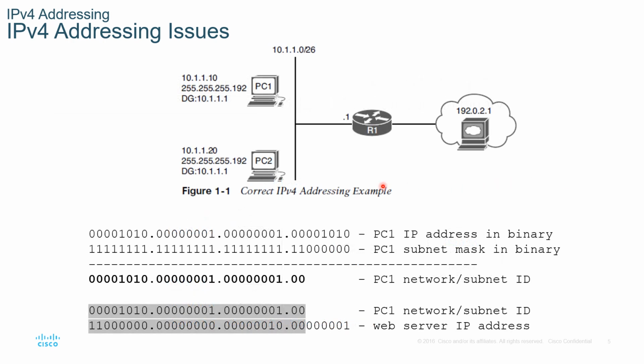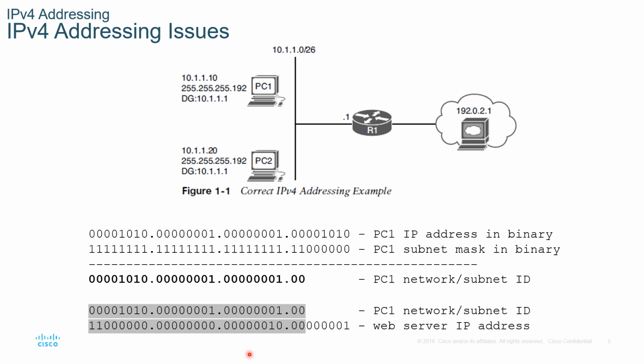Now let's consider if PC1 wants to communicate with a web server at the IP address 192.0.2.1. Just as before, PC1 needs to determine whether the web server is located in the same network or subnet. So it will do the same calculation as before to get the PC1 subnet ID and then compare it to the subnet ID of the web server.